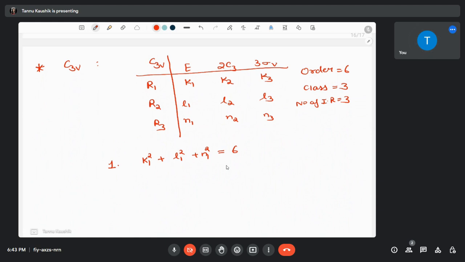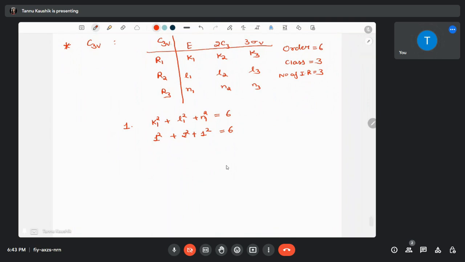So what could be the possible dimensions which give this equation equal to 6? It can be 1 square plus 2 square plus 1 square.